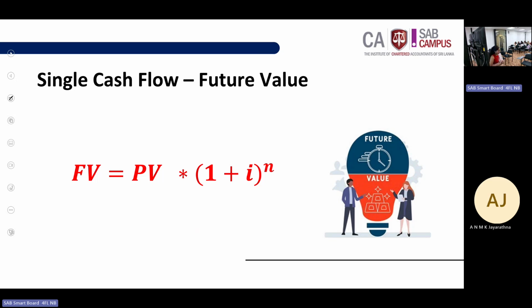Right. So then we'll move to the first one. What is the first one? Single cash flow. What we are going to calculate? Future value. If it is a single cash flow, how can we calculate the future value?